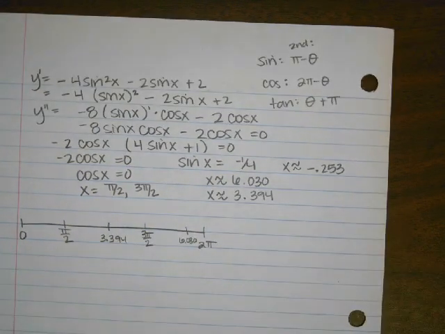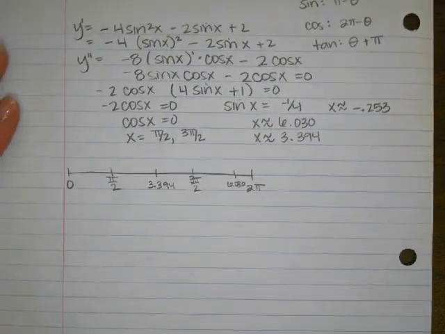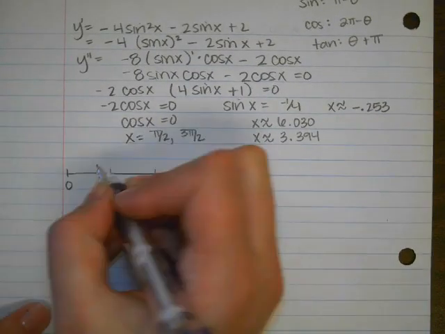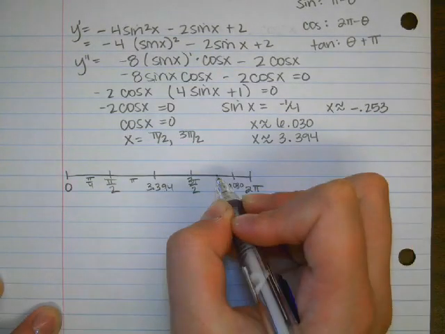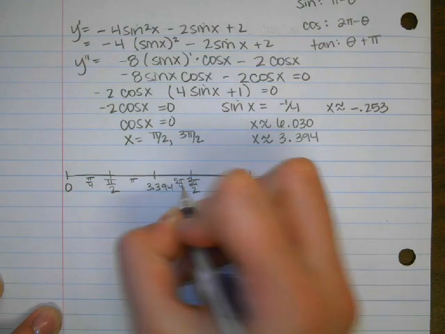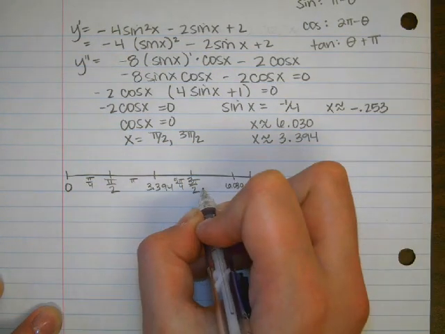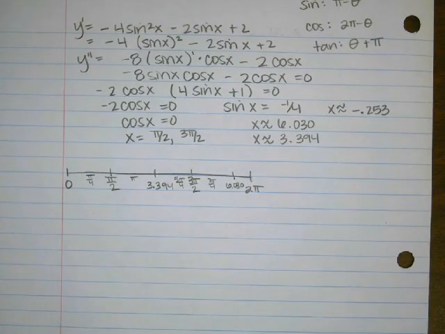Okay, and since this is clearly a calculator problem, I'm just going to use my calculator to find values this time. But we can still write down some numbers that'll work to plug in. So I'm going to use pi fourths, pi, bigger than pi, like 5 pi fourths, and then 7 pi fourths is probably good. I might have to double check that decimal.